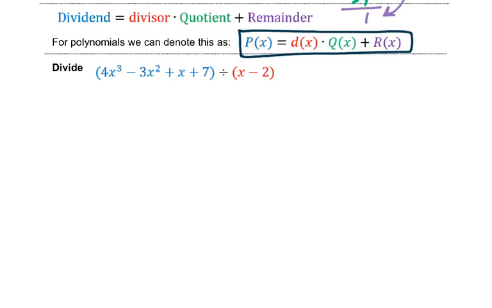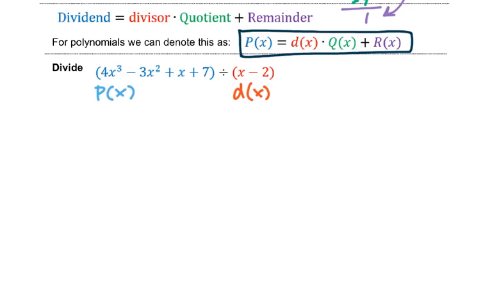So in this case, I have 4x cubed minus 3x squared plus x plus 7. And when I go to set this up or to work this problem, my dividend, P of x, is the 4x cubed minus 3x squared plus x plus 7. My divisor is little d of x.